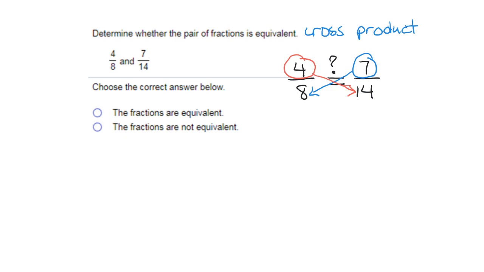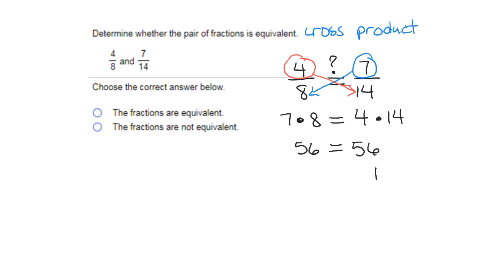So let me rewrite what I just said. 7 times 8 equals 4 times 14. So if I multiply 7 times 8, I will get 56. And if I multiply 4 times 14, I will also get 56.